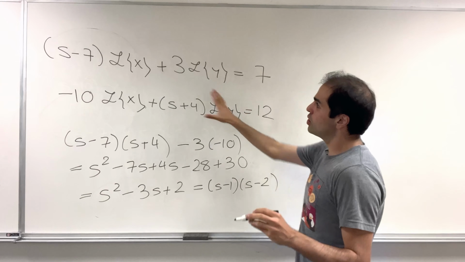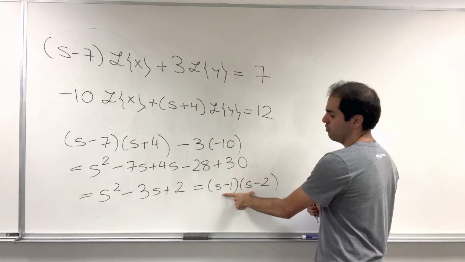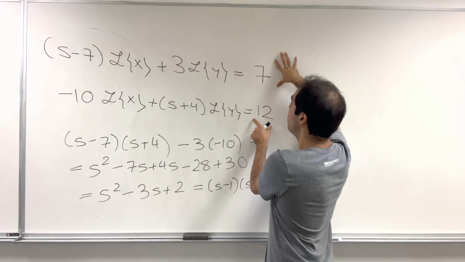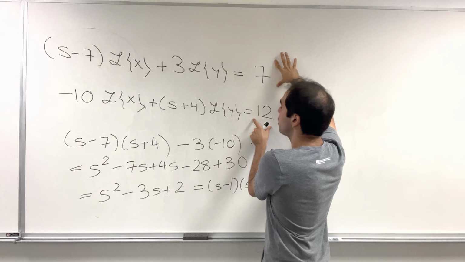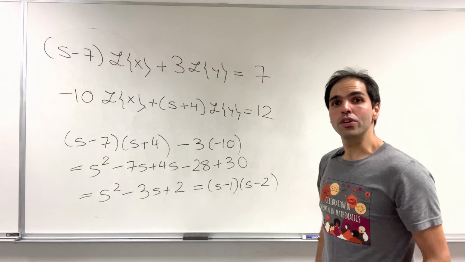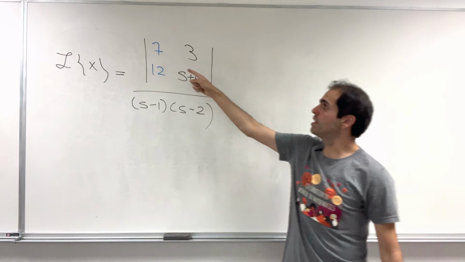And now, to calculate L of x, you take the ratio of this determinant and the denominator, but where we replace the first column by 7, 12. Again, the ratio of two determinants.